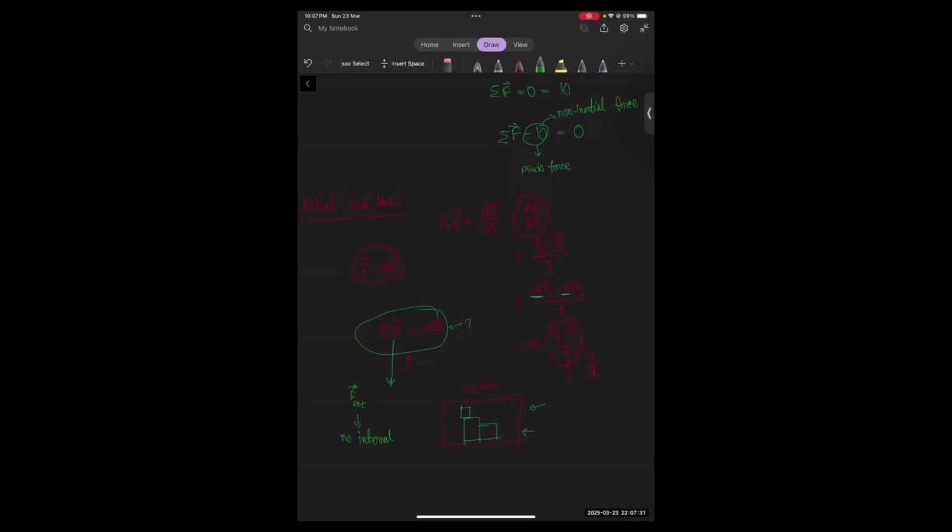Now, if two bodies inside this system are interacting, let's say the upper block is pushing the lower block, and the lower block is pushing the upper block. These are called internal forces because the cause and the application point of these forces, the bodies they act on, are all inside the system.